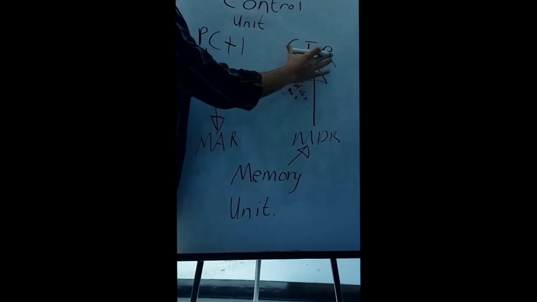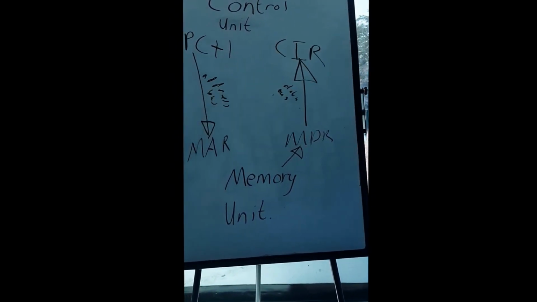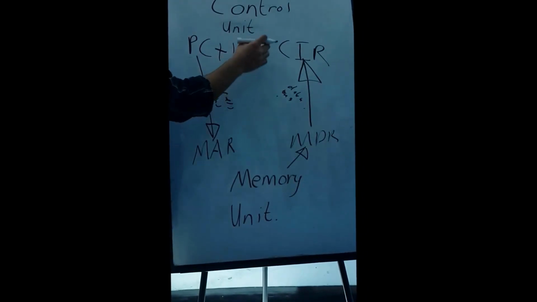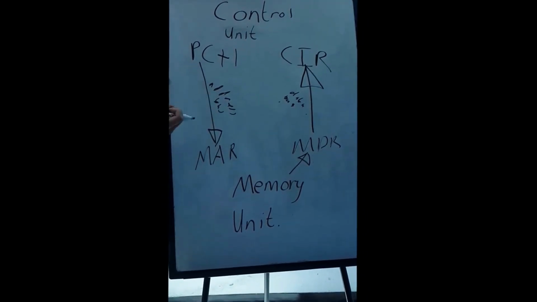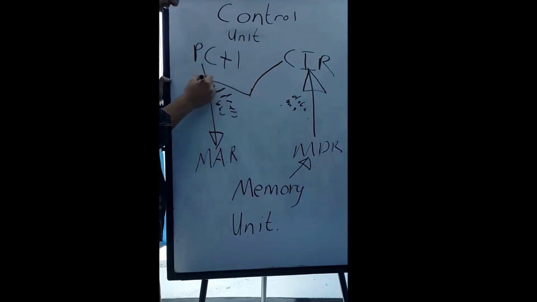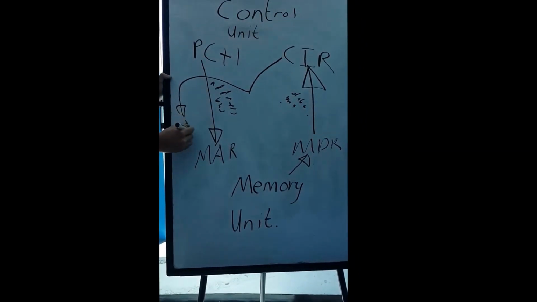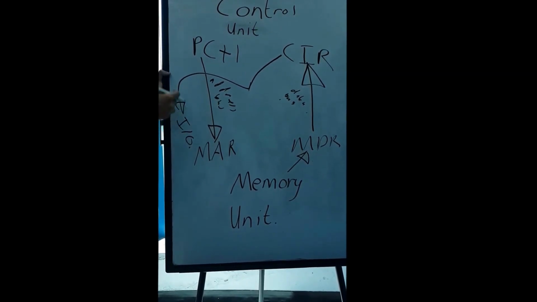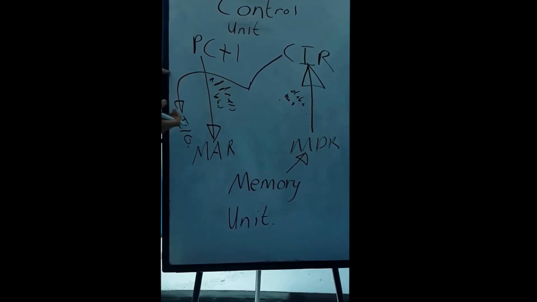And since the current instruction register currently contains the instruction that needs to be executed, it will first decode the instruction and then execute it by sending out various control signals using the control bus to different components such as the input and output devices in the computer in order to run the process in a logical sequence.